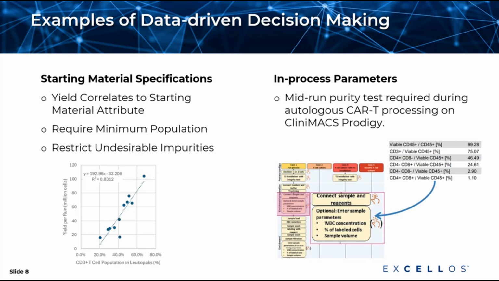On the right here, I wanted to transition to a little more specifics on a CAR T cell process, something that Ania was developing using the CliniMax Prodigy. It was for autologous, but it can also be translated easily to allogeneic therapies. This screen is a specific step in the manufacturing process in which the CliniMax Prodigy requires the operator to input characterized leukopak information.